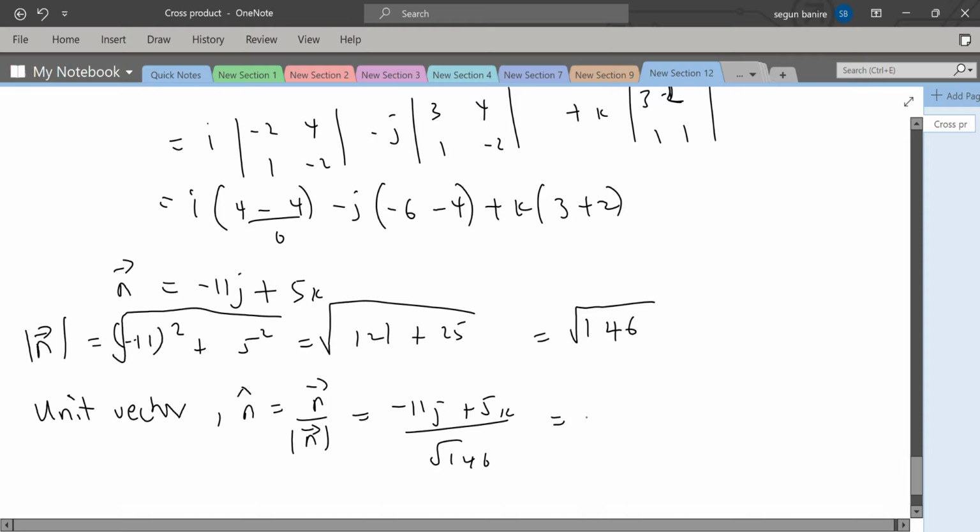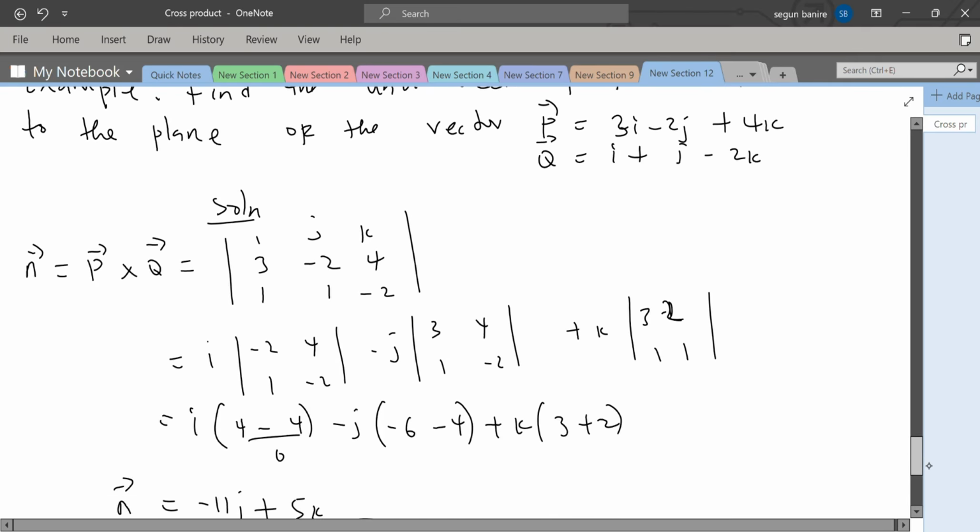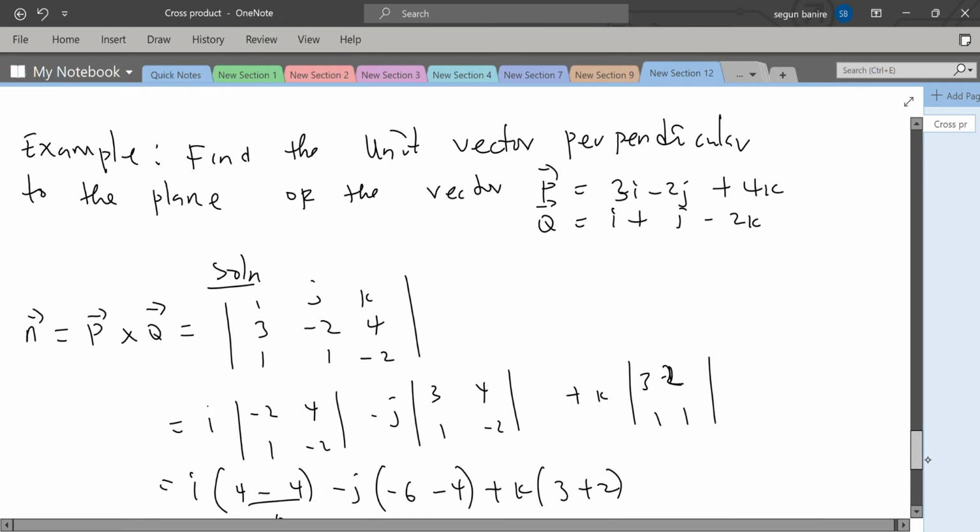So that is minus 11 over root 146 j plus 5 over root 146 k. The i component is zero. So that is all.